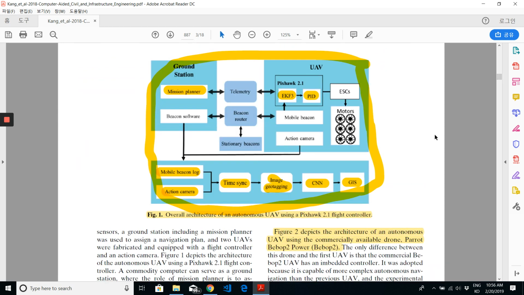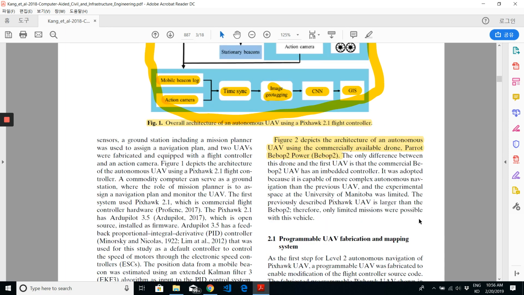So for re-implementation of the paper, we explain two different UAVs. You can fabricate your own UAV, however, it's really difficult and time consuming.